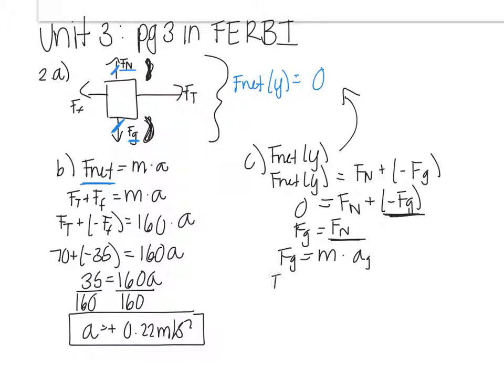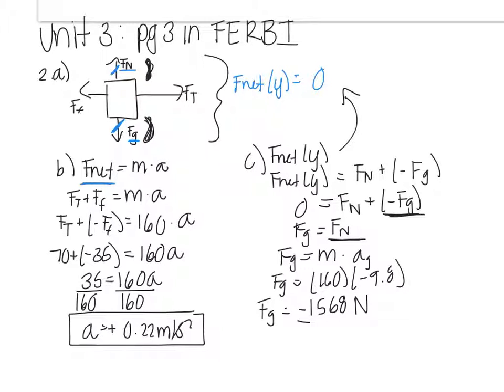So I'm looking at force of gravity is equal to mass, 160, times acceleration, which is a negative 9.8. My force of gravity, F_g, is equal to a negative 1,568 newtons.